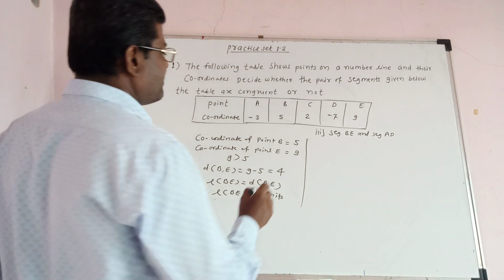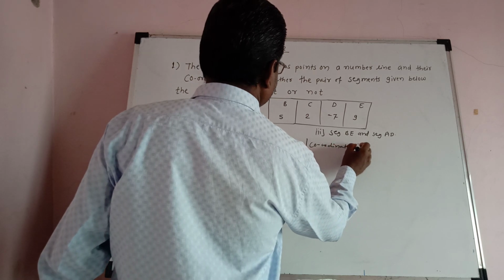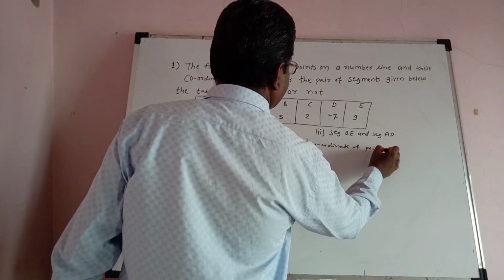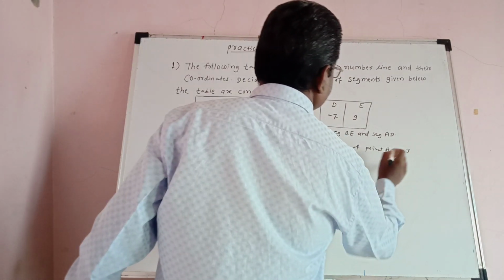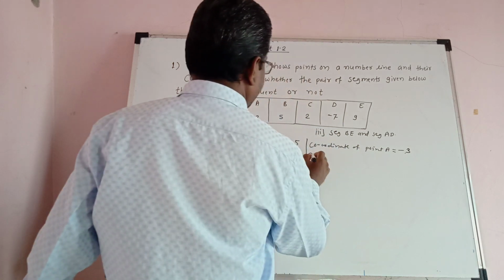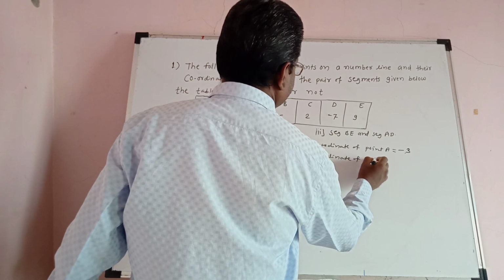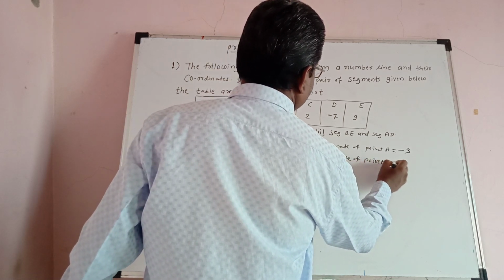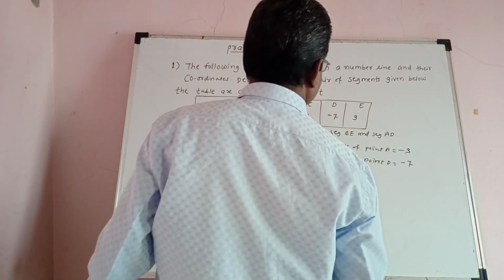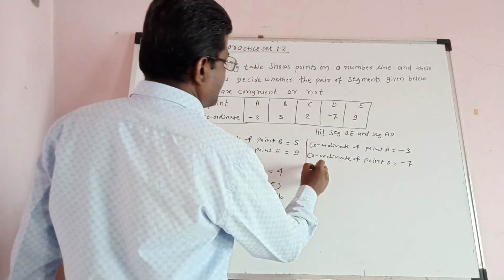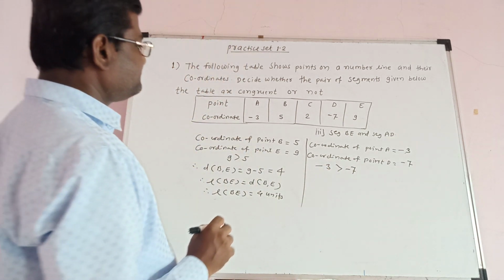Now, for segment AD, coordinate of point A is equal to -3 and coordinate of point D is equal to -7. Now here -3 is greater than -7.